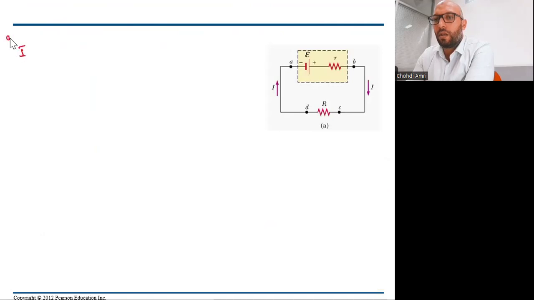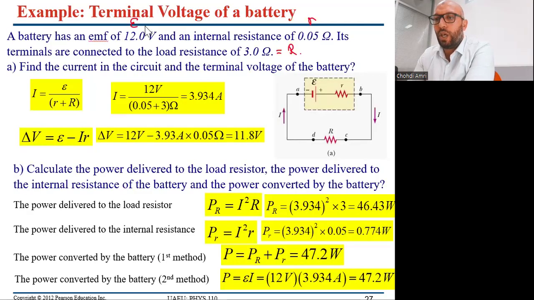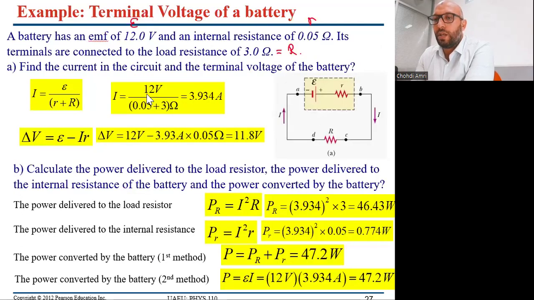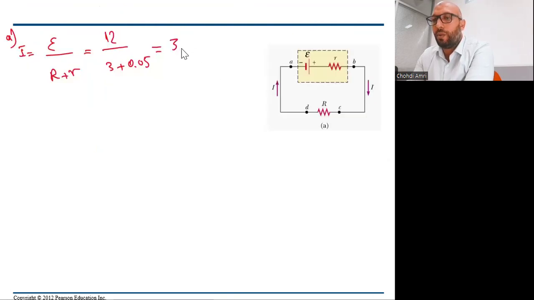I equals epsilon over capital R plus small r. So it will be epsilon is 12 divided by 3 plus 0.05. So the result is 3.934 ampere. Very good. We are done with the first question.